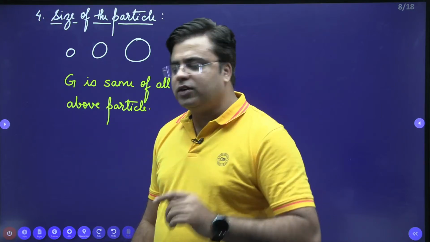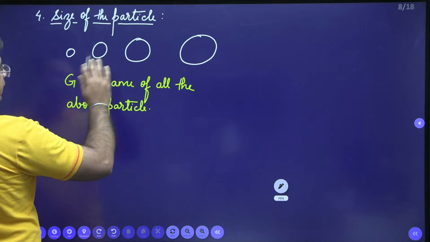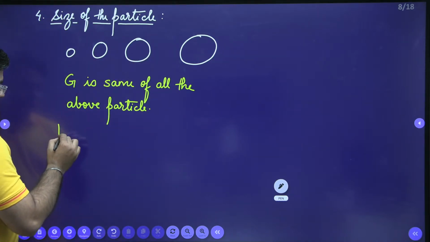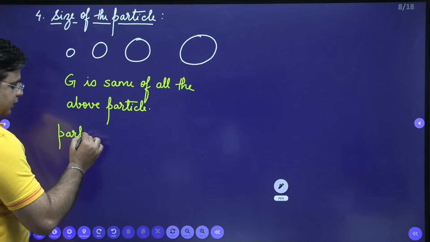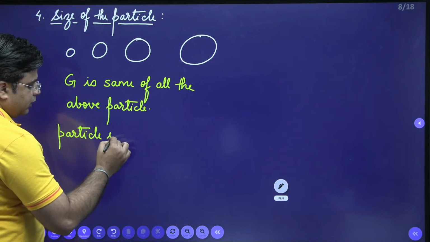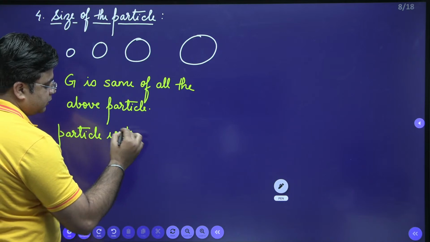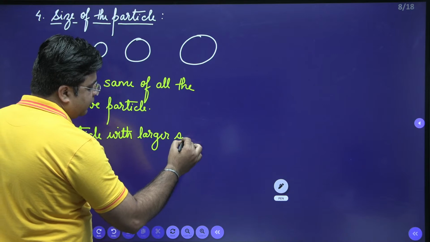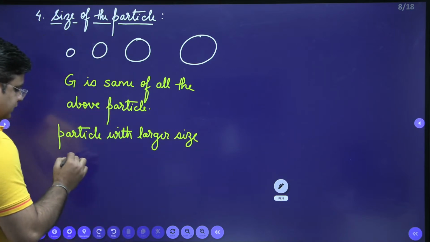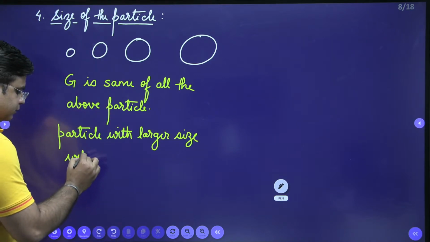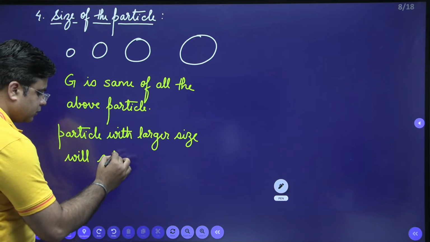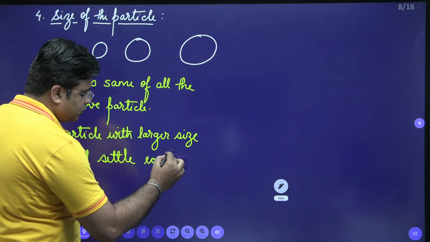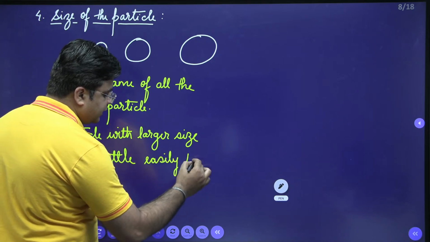So if the size of the particle is different, with same value of G, particles with larger size will settle easily, or will settle quickly.